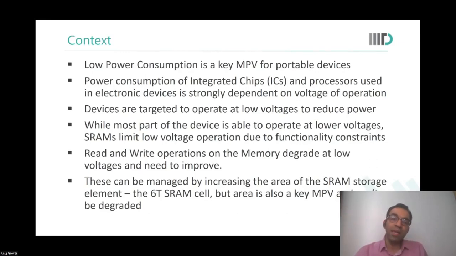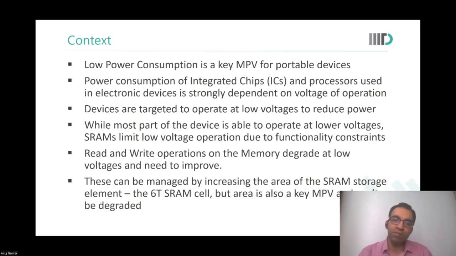But just like power is a very important MPV, main parameter of value, for portable devices, area is also a very important MPV, because if the area degrades, then the cost of the system degrades. One of the main reasons why the cost of electronics is reducing over the past so many years is that we are able to shrink the area of devices.